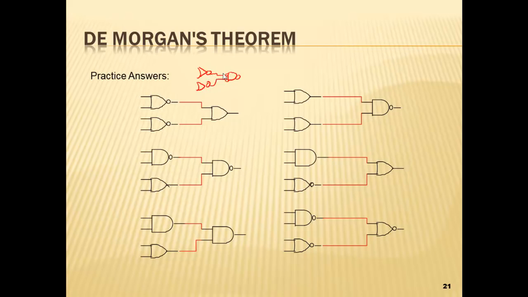Well, what happens when you've got two inversions? Two bubbles cancel each other out. NOT and NOT just turn into a regular line. There's no bubble at all there. So they cancel each other out. For here, the bubble floats back once you change it to an OR. And this one, the AND becomes a NOR, and float the bubbles back.